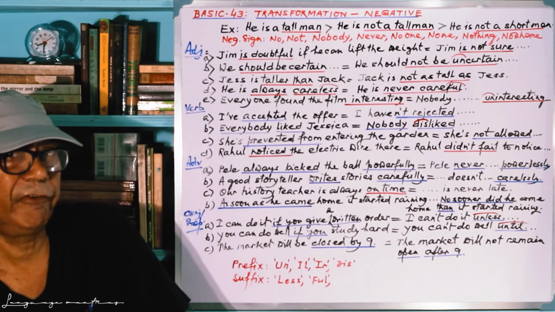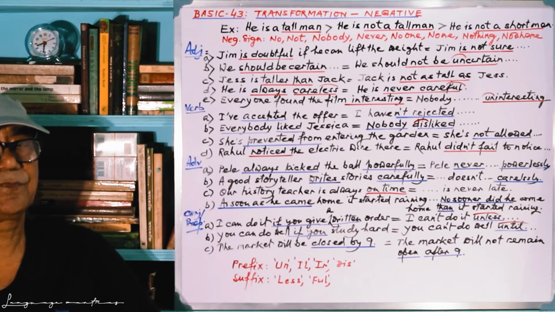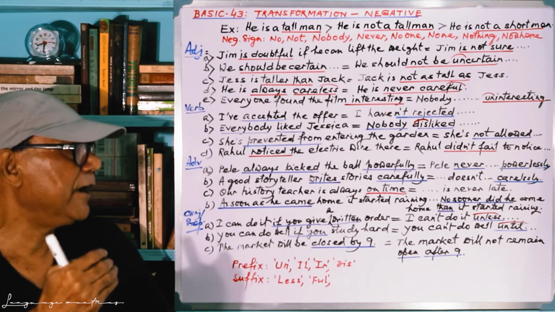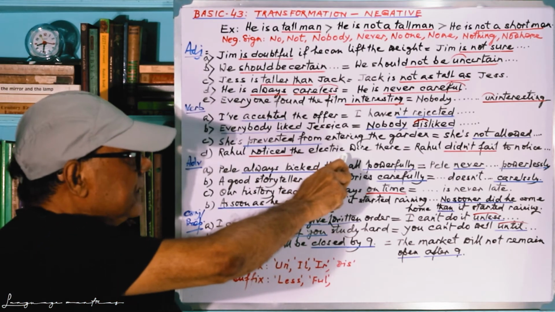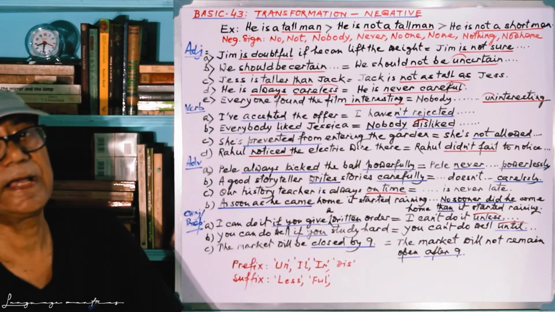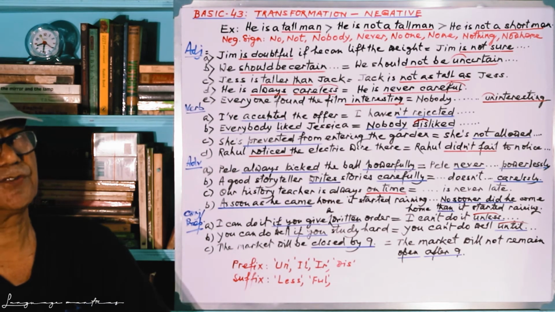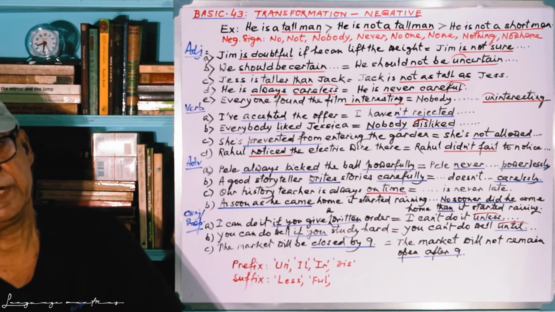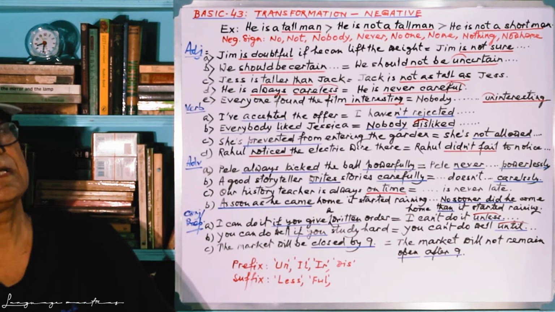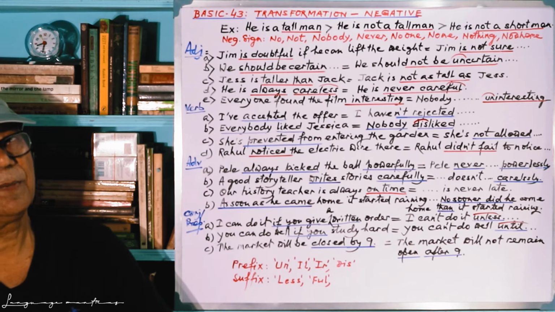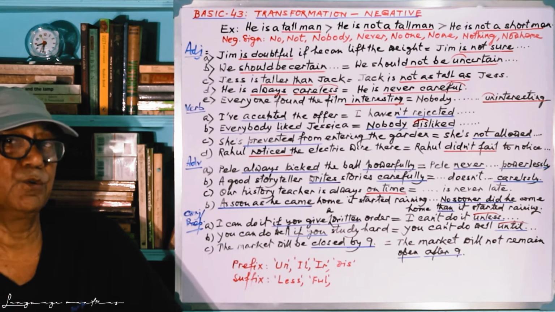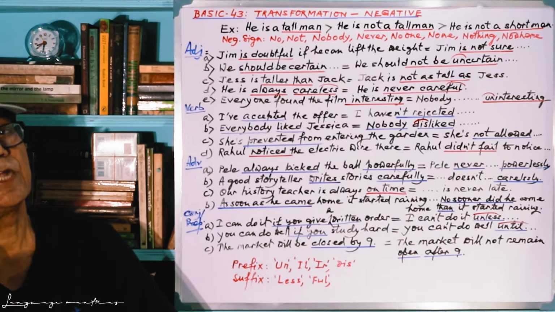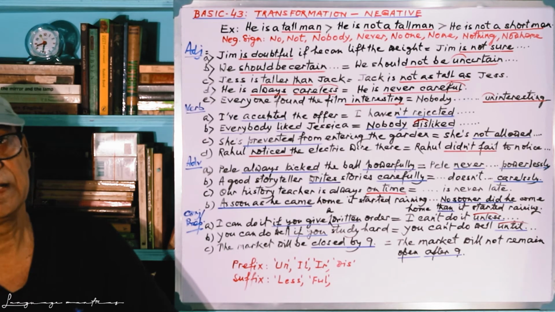Rahul did not fail to notice the electric wire there. It makes the same sense. So sometimes you have to use certain words carefully. Maybe it is not exactly the opposite word, but some other words can be used to make a meaningful sentence or kind of meaning you want to convey.